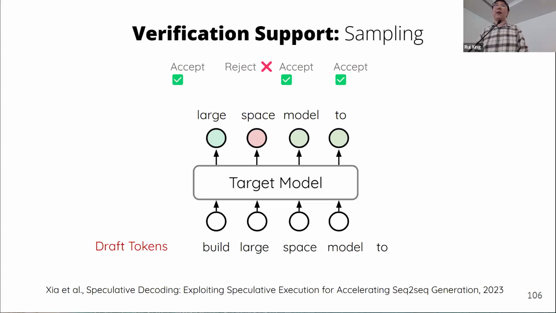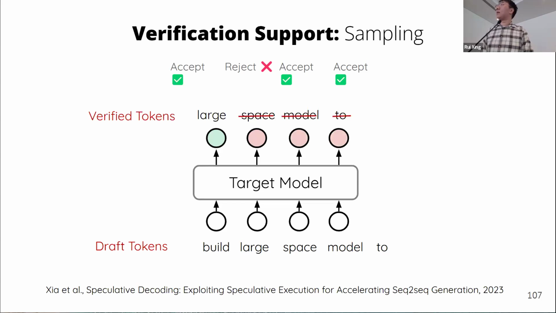It's not just a simple check of whether it is the top one, because the output distribution should match the original distribution instead of just a concrete case. So here, if the model accepts the first token but rejects the second token, and then it also accepts the last two tokens, what will be going on?